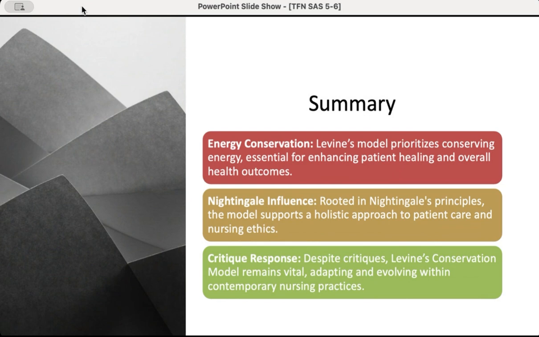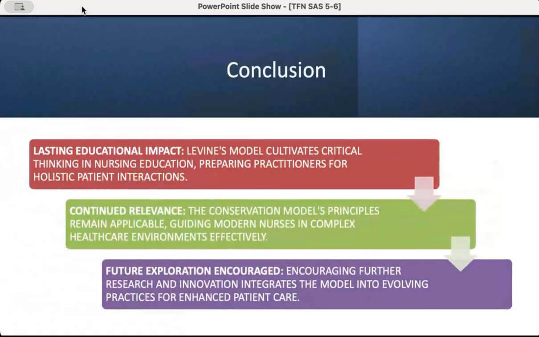Considering as well, today the specific response of this model has something to do already with the integration of technology. And I believe that if there would be an integration of technology, it would be easier, more effective, and efficient for our nurses to apply the conservation model of Levine.